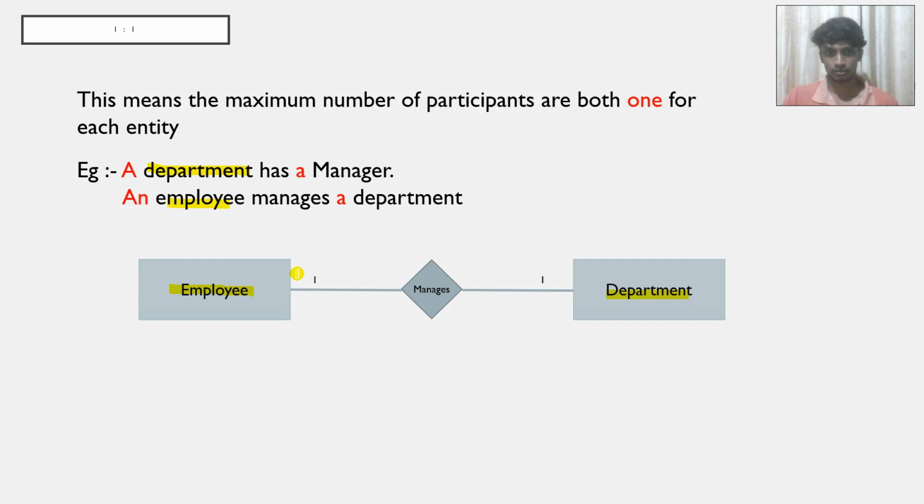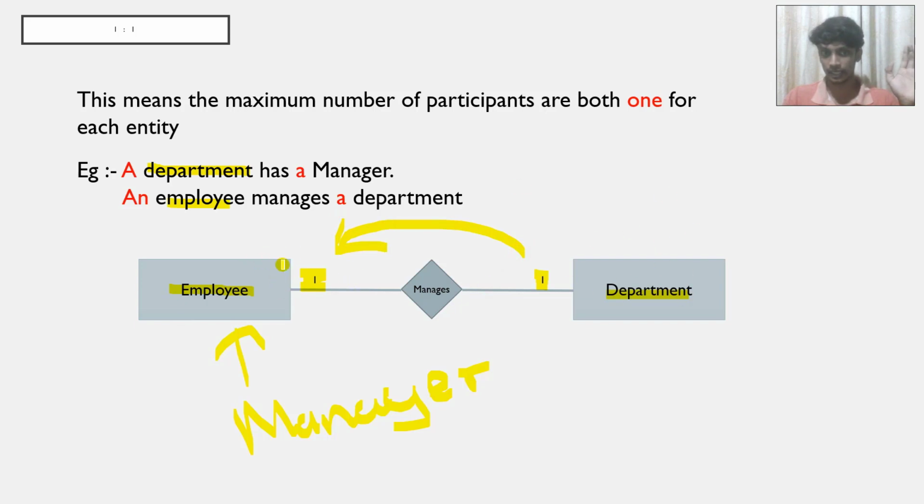Okay, so the cardinality ratio is 1 to 1. What does this mean? Each department has a manager, right? Remember this employee is now a manager. So each department has one manager, so if you go this way, the employee side will be one, because each department has only one employee as manager.